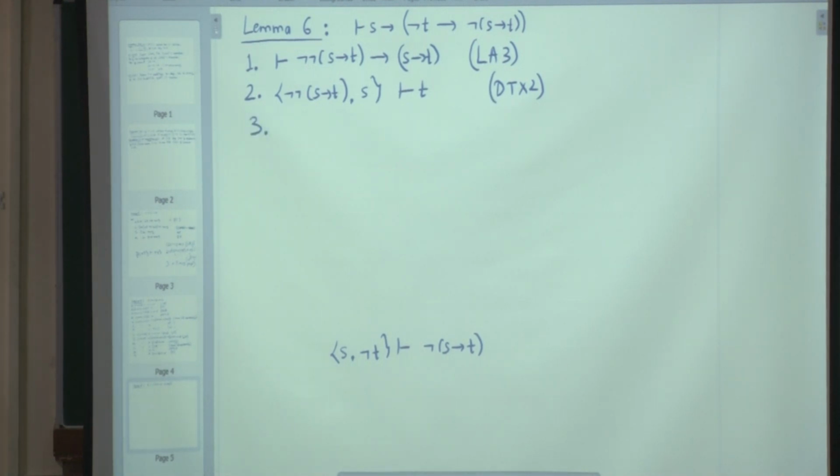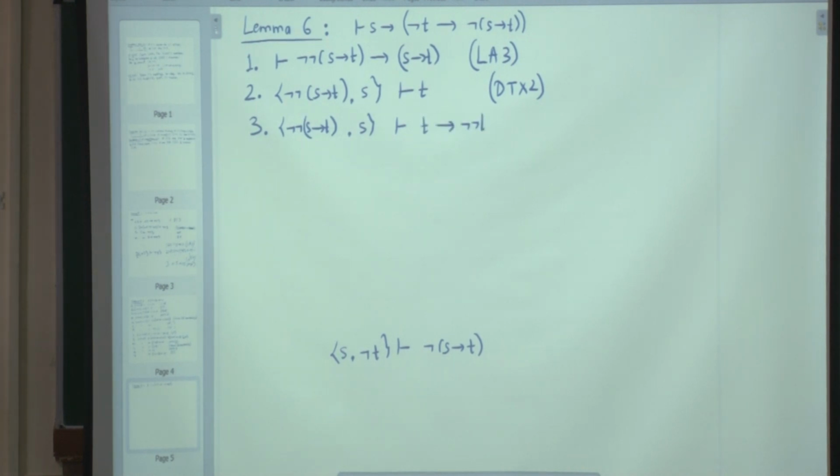Okay, third step. Lemma 5 with T. What is lemma 5?